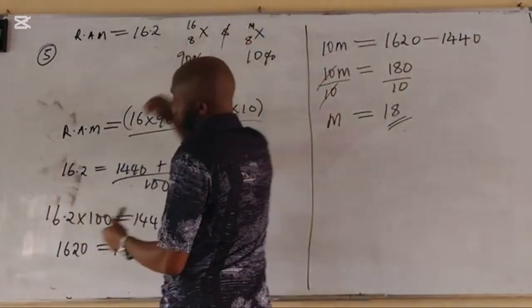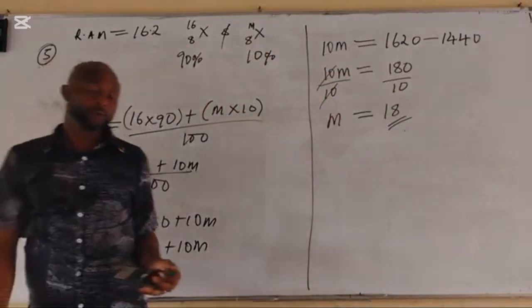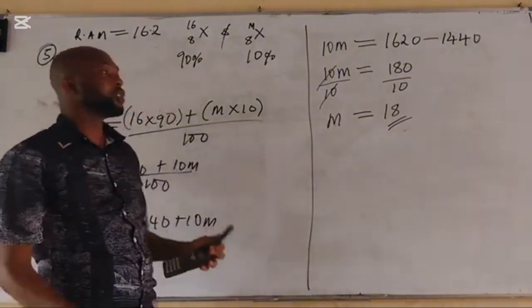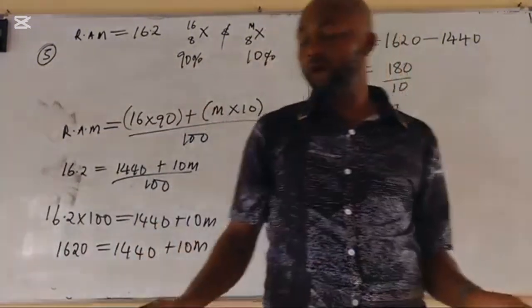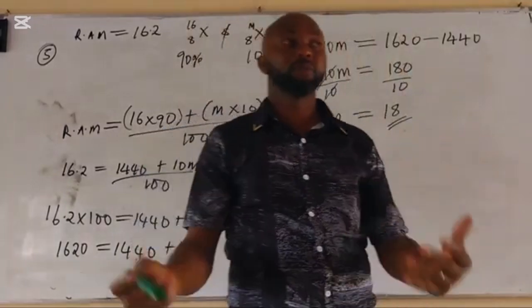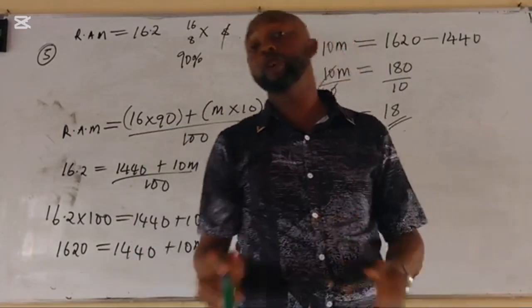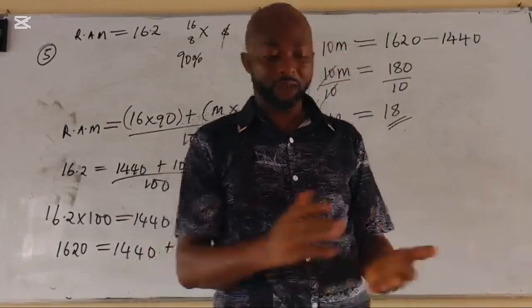Here would be 18. So what we are doing today is to illustrate how isotopy affects the element generally in chemistry.